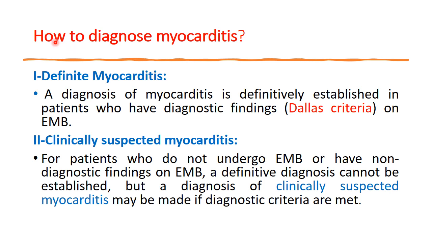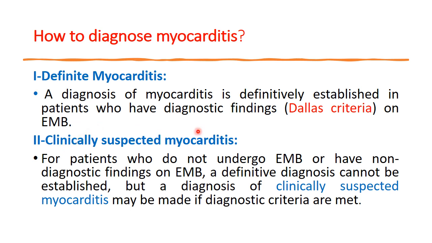The second question is how to diagnose myocarditis. We have two categories of patients. The first one is definite myocarditis and the second one is clinically suspected myocarditis. The diagnosis of myocarditis is definitively established in patients who have diagnostic findings by the Dallas criteria on endomyocardial biopsy.